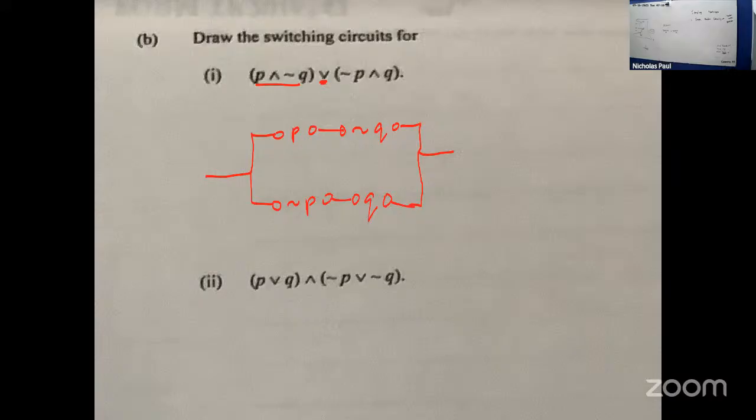Right? That's the first one, right? In case you didn't get a second one, try it quick.